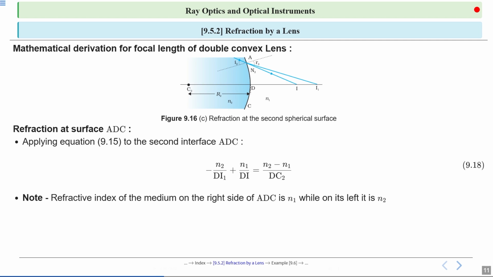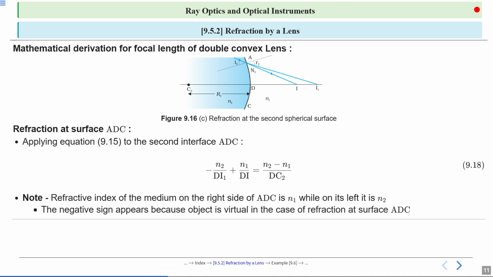Now there is only the solution part. Note that the refractive index of the medium on the right side of ADC is N1, while on its left it is N2. The negative sign appears because the object is virtual in the case of refraction at surface ADC. That's why we applied the negative sign here, because the object is virtual for this ADC surface.